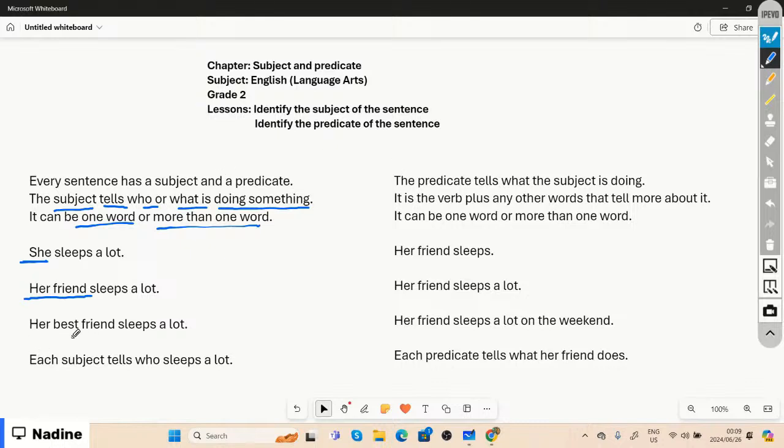The next one says her best friend sleeps a lot. If we identify who sleeps a lot, we can say her best friend. So all three of those words are our subject that tells us who is doing something.